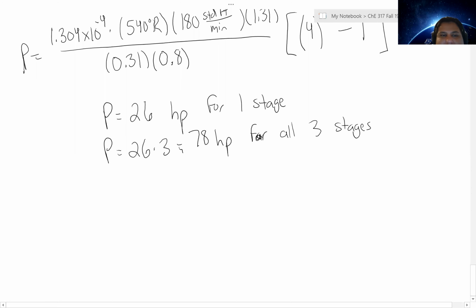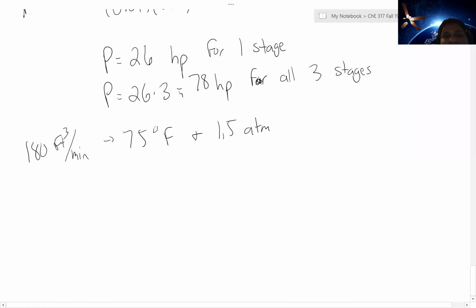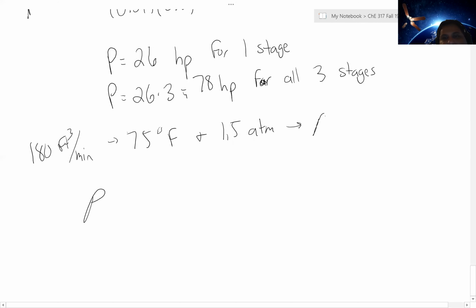Let's say it was 180 cubic feet per minute, but this was taken at, I don't know, 75 Fahrenheit and 1.5 atmospheres. So this would basically correspond to a particular density. So I could calculate this density at this condition, rho sub 1.